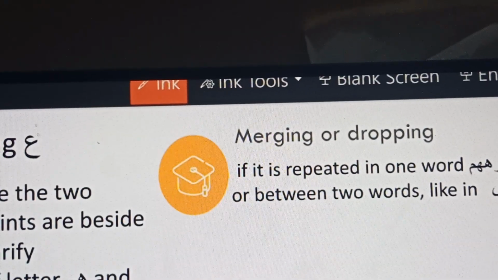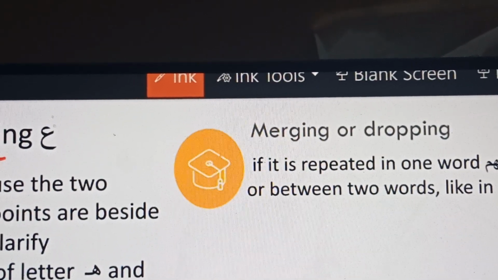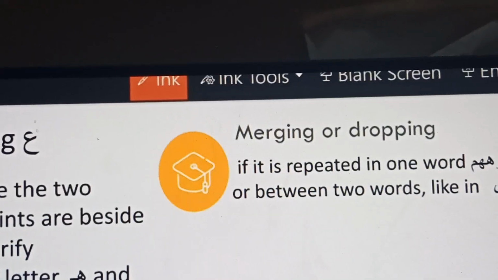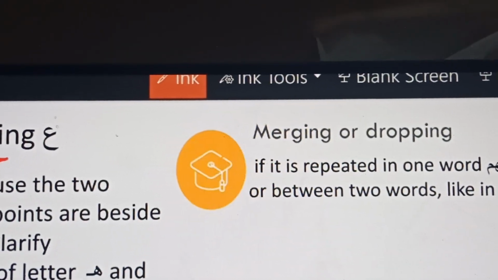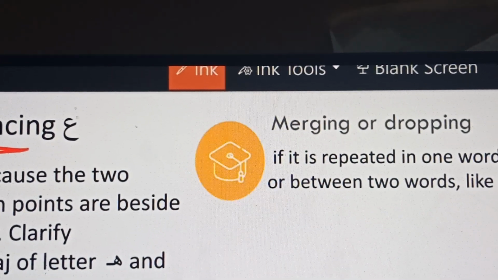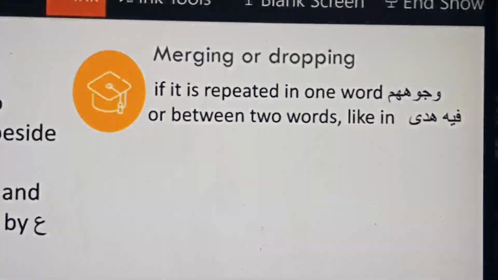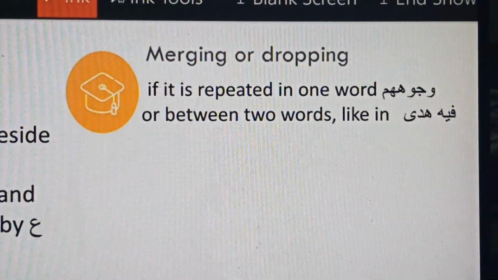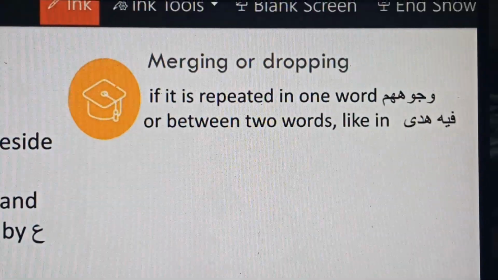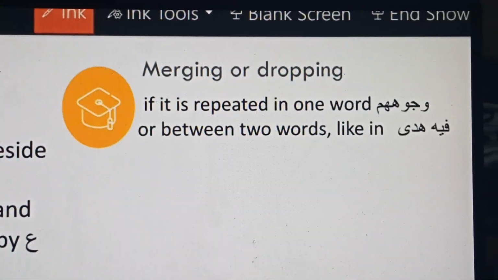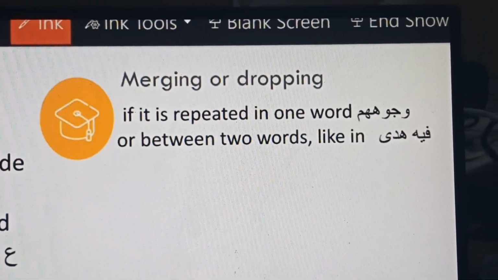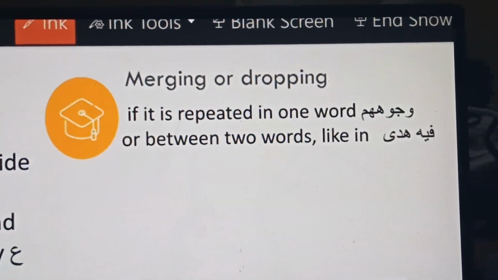So this is from the common mistakes that may happen. And for the ha letter, the next word is like fihi huda. I pronounce it fihi huda.